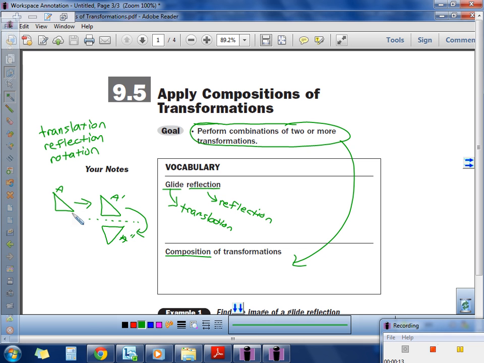Then you'll have B, B prime, and that's in the wrong spot. A double prime, B double prime, C double prime. So single prime. So that's what it could look like. So that would be a translation, then a reflection over something like the y-axis or the x-axis or the line y equals some number.